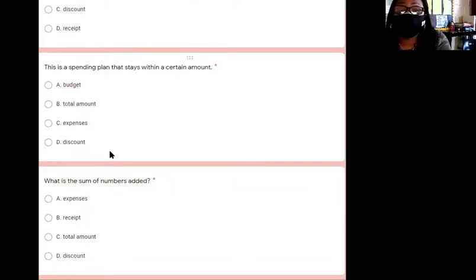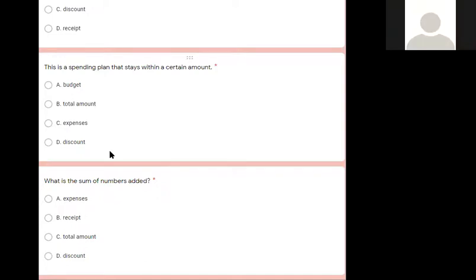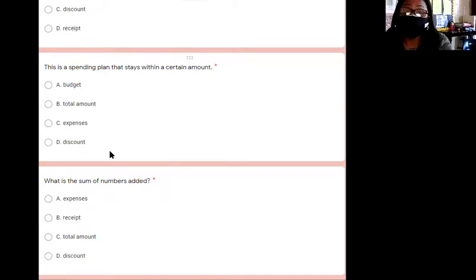Okay, our last one. What is the sum of numbers added? Is it A, expenses, B, receipt, C, total amount, or D, discount? Total amount. Very good. How did you get that answer?